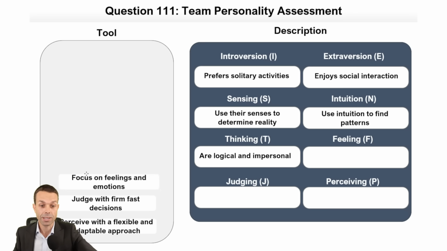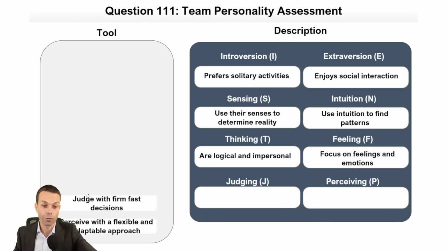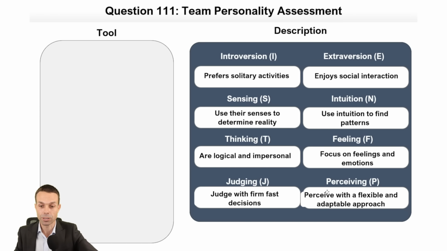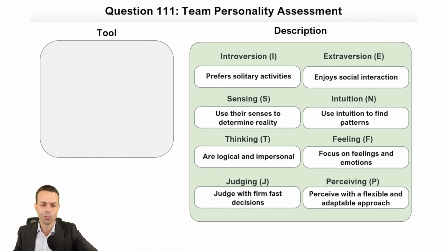Feeling, if we're using our feelings and emotions, that's F for feeling. Judging with firm, fast decisions is J. And perceiving with flexibility and seeing all of the different options and being adaptable and flexible, that is P. So just a really quick recap, bonus question right at the end.